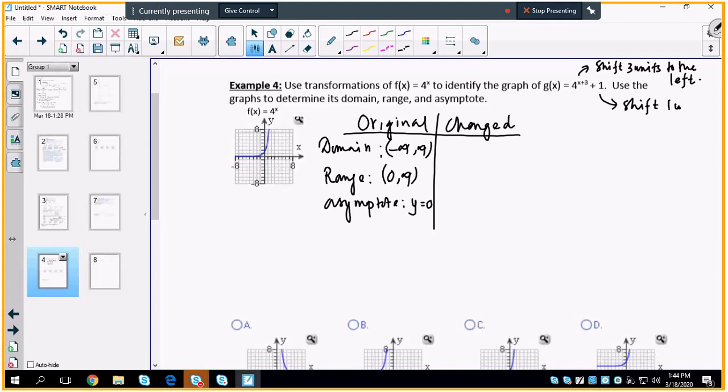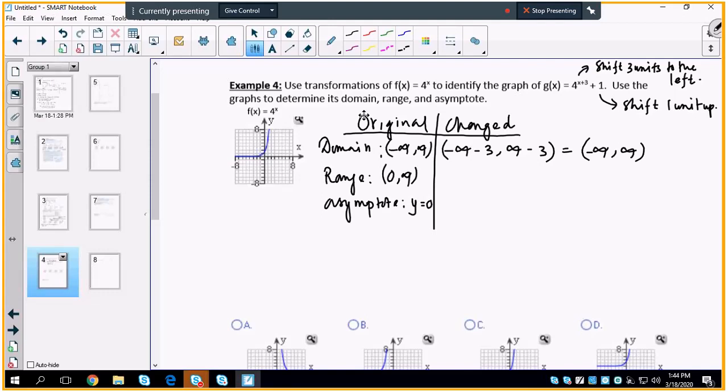So there is a change in x, which is minus 3, and there is a change in y, which is adding 1. Domain is the change in x. So I will do minus infinity minus 3 and infinity minus 3. Again, subtracting from infinity will not change anything, so it's still negative infinity to infinity. Whereas for range, you're going to think about the change in y.